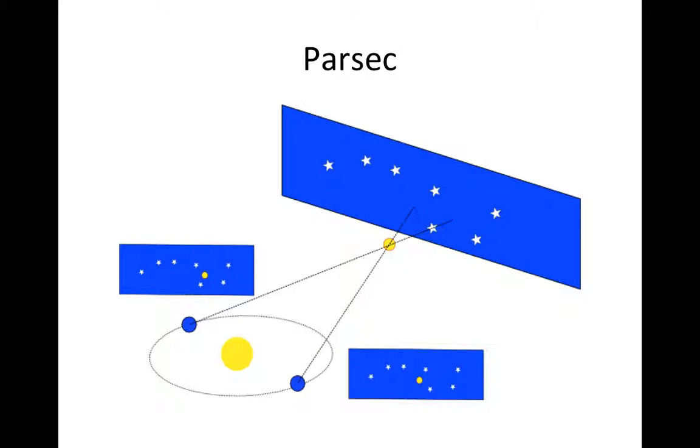For things that are far away from the solar system, for stars, okay, what astronomers use is a unit called the parsec. And the parsec uses the parallax method to show how far the star is. The way that it works is that astronomers measure the angle or the position of a distant star against the background of much more distant stars.